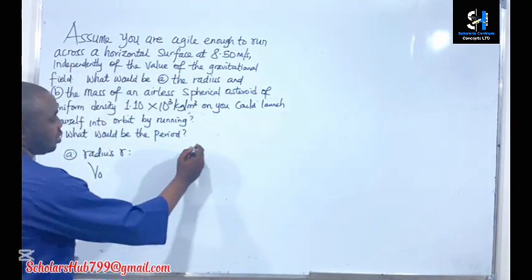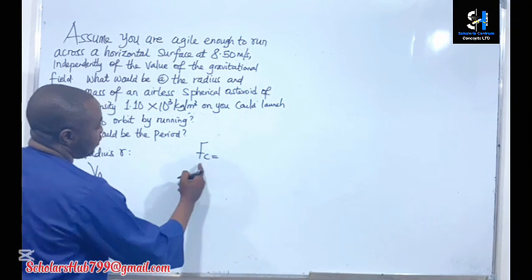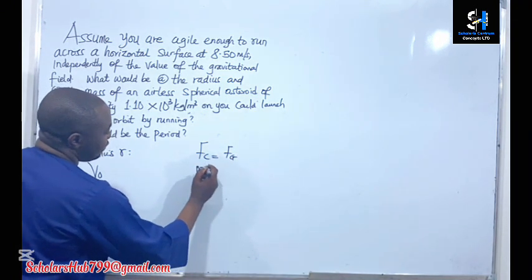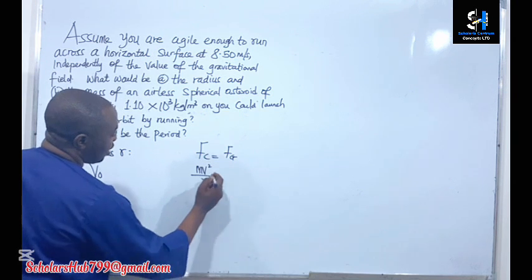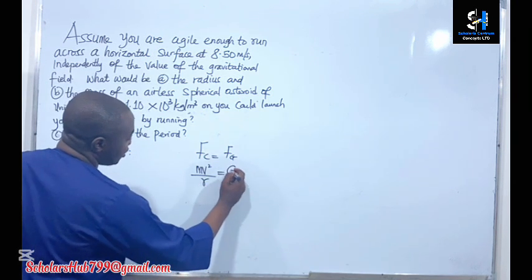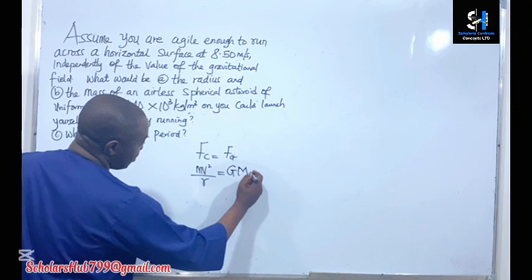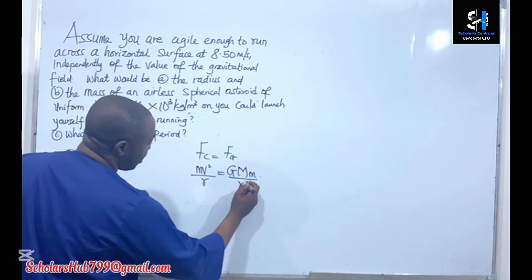So if we set centripetal force equal to gravitational force, this will be m v squared over r, which is the centripetal force, equals the gravitational constant G multiplied by big M, then small m, over r squared.